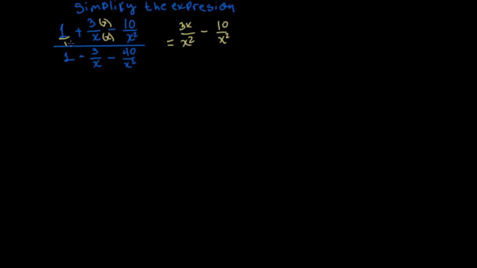Then I multiply that by x squared, so I'm going to get positive x squared over x squared. That makes sense because x squared divided by x squared equals 1. Anything divided by the same thing is equal to 1.